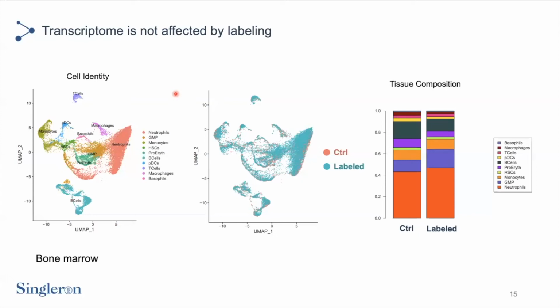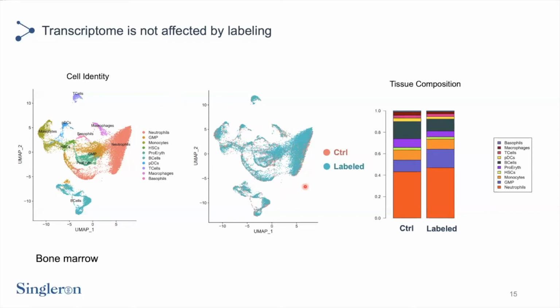So if you look at the first UMAP plot, you can see the cell identities. These are the cells from bone marrow, and you can see that the cells that we identified, like monocytes, macrophages, and neutrophils, are all here. The second UMAP plot is colored by either labeled or control cells. Controls are the unlabeled cells. And here you can see that they are perfectly overlapping.